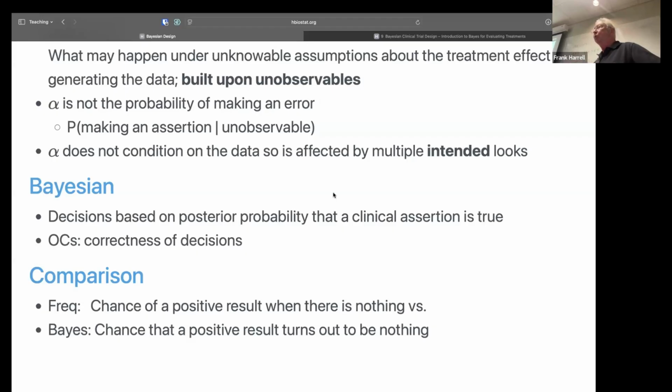What's your probability of being wrong in the decision that you make? That is an unconditional probability in the sense that we're talking about now. So I think the use of the word error in the way that you would like it to be used is only a definition that would fly in frequentist statistics and not in the rest of the world.